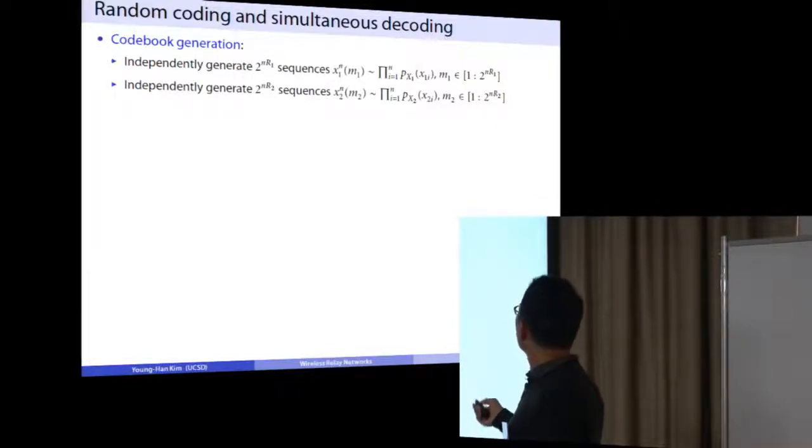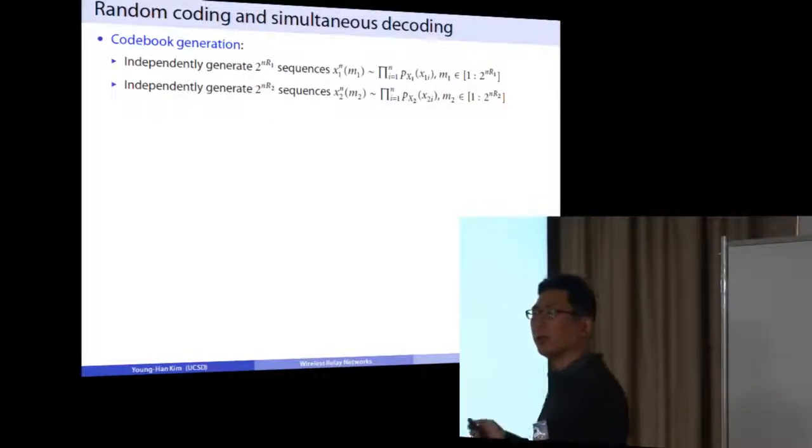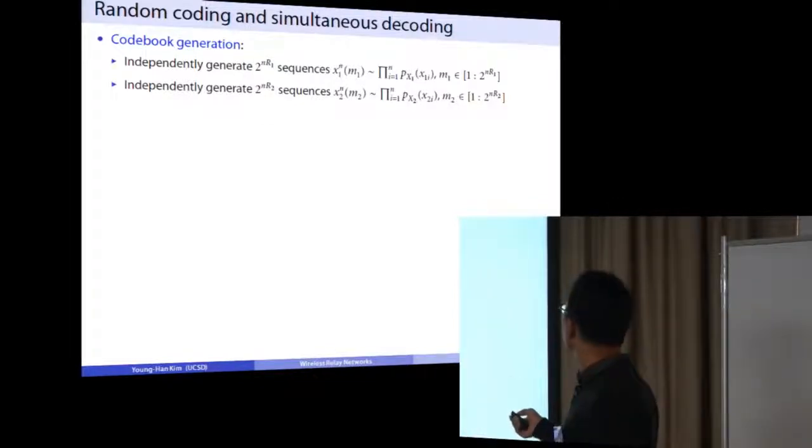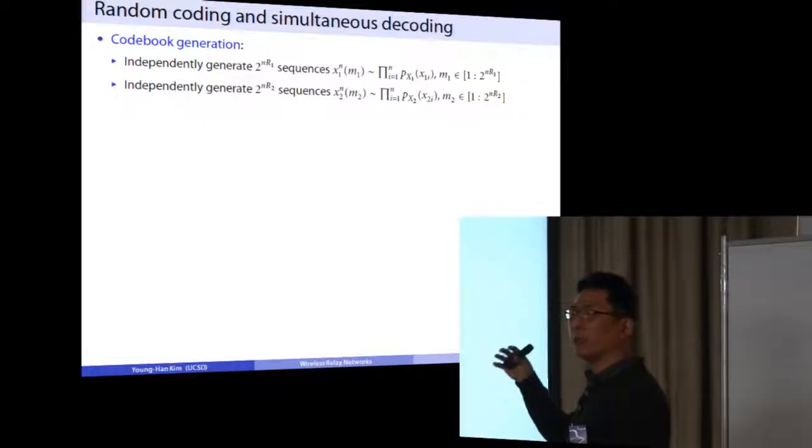For each M1, we generate an X1n sequence IID according to the pX1 distribution, and we do the same thing for the X2 codewords. There are 2 to the nR2 codewords we need for sender 2, and again we generate them IID according to our fixed distribution pX2. So that forms a codebook.